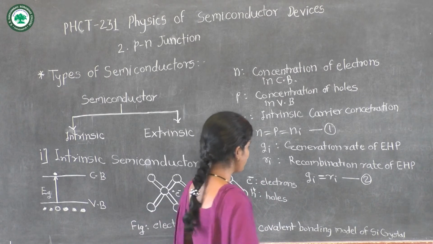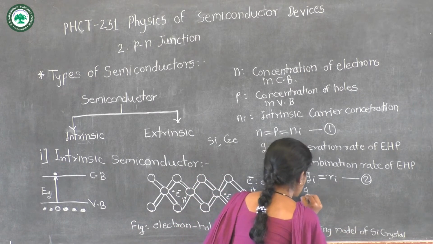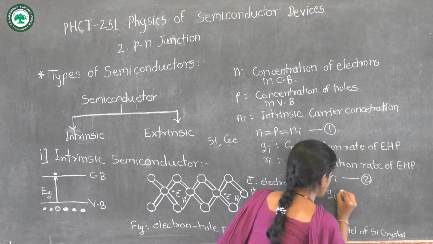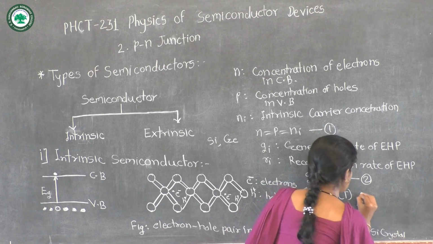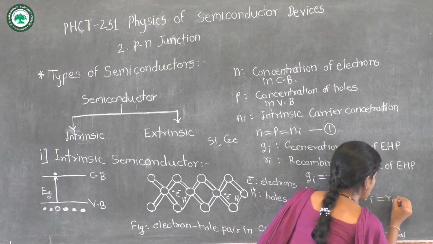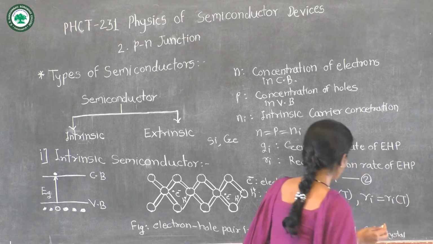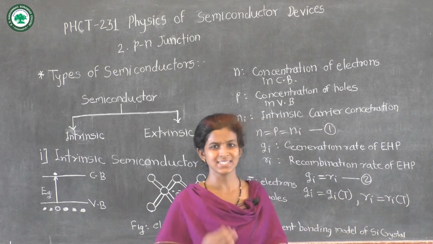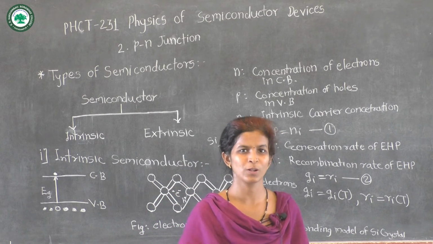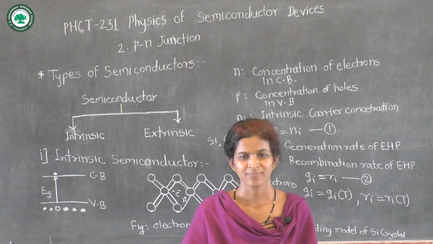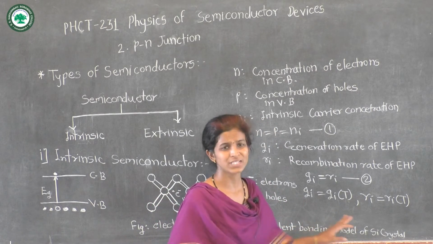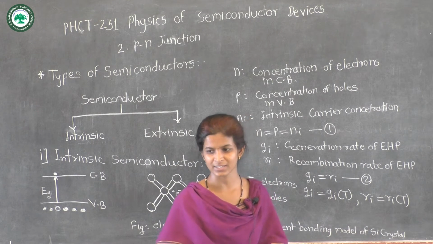That is, if Gi be the function of temperature, Gi of T, and Ri be the function of temperature, that is Ri equal to Ri of T, then if temperature rises, the generation rate of electron hole pair increases, and if temperature decreases, the generation rate as well as recombination rate decreases.